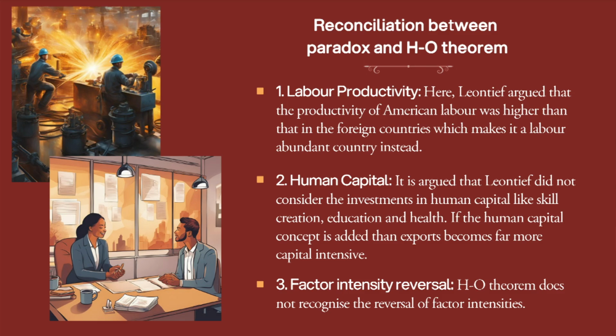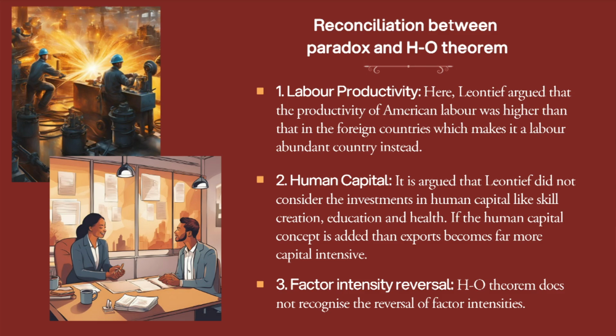If the human capital concept is added, then exports will become more capital intensive for USA. And Leontief did not consider these. And then another argument states that factor intensity reversal is assumed not to exist. So Heckscher-Ohlin theorem does not recognize the reversal of factor intensities.